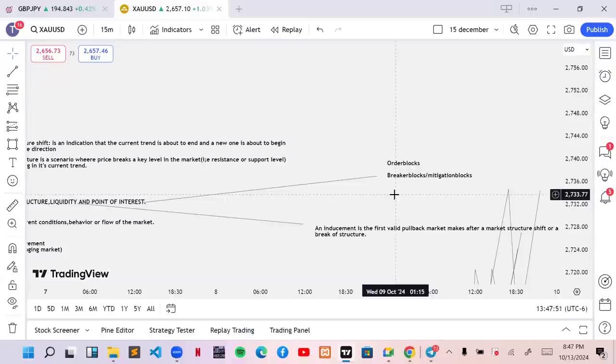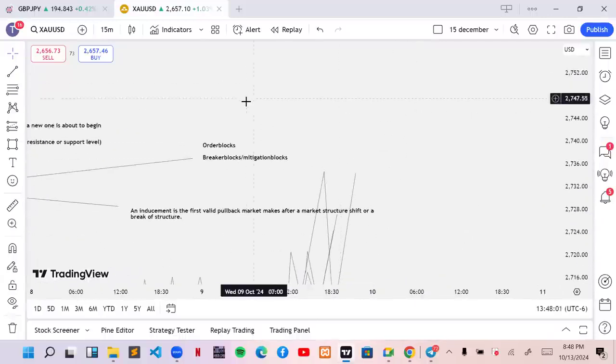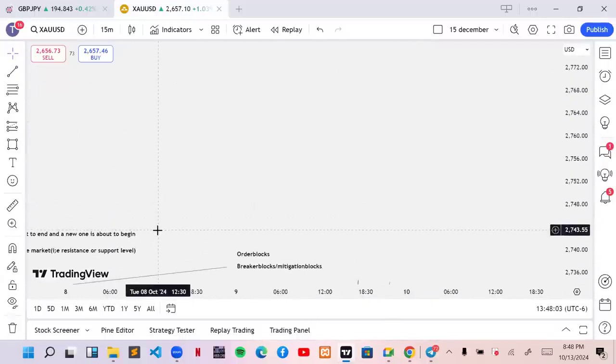So those places in the market where they place their limit orders, their buy and sell orders, those are the places that we call order blocks. So we have two types of order blocks. We have the bullish order block and we have the bearish order block. The bullish order block is for when you're looking for buys in the market, and the bearish order block is for when you're looking for sells in the market.